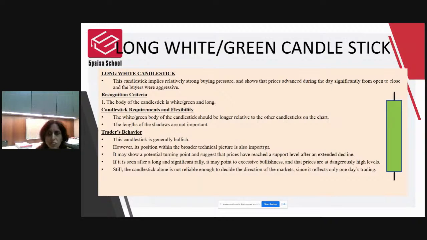As you can see on the right side of your screen, the real body is very, very long. This candlestick implies relatively strong buying pressure and shows that prices advanced significantly during the day from open to close, and the buyers were very, very aggressive.